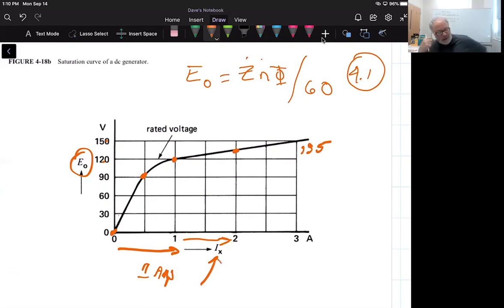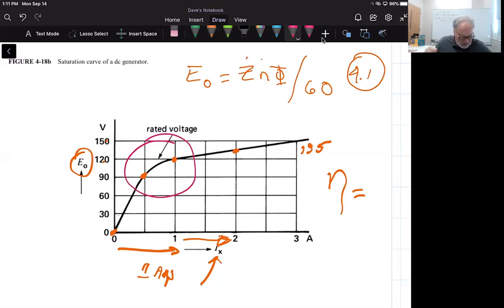Well, what we're going to find out is there's an energy cost to provide that excitation current. And it's not very efficient to add another amp to only get 15 volts in return. The efficiency of that is not worth the investment of the additional amp of excitation current. So when I'm operating my generator, I want to run it here. This is where I determine the rated voltage of the machine.